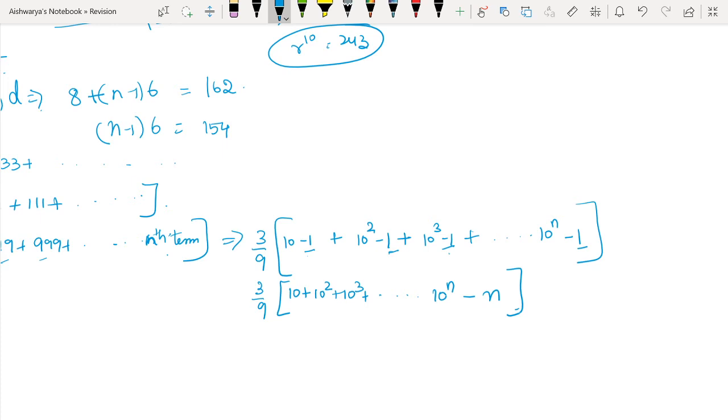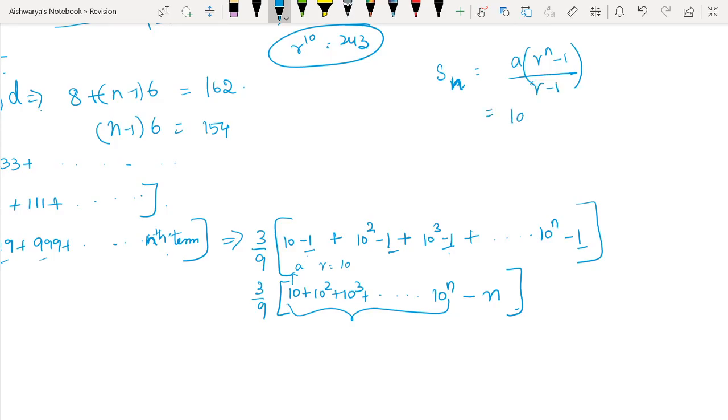So after we do this, this is nothing but a GP, with a as 10 and r as 10 again. So you will use the formula where r is greater than 1. The formula is Sn equals a into r power n minus 1 divided by r minus 1.